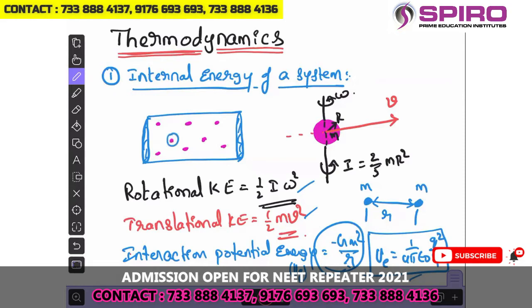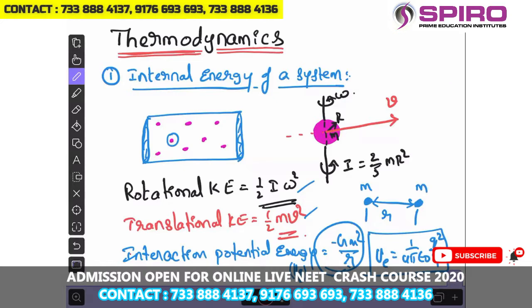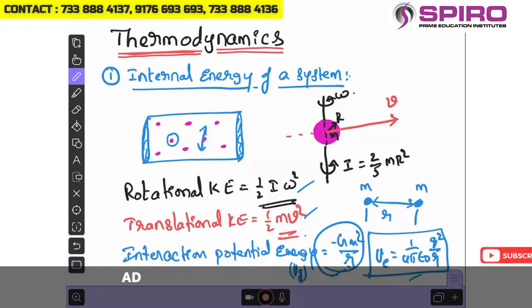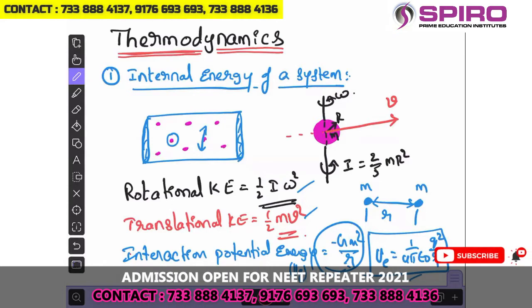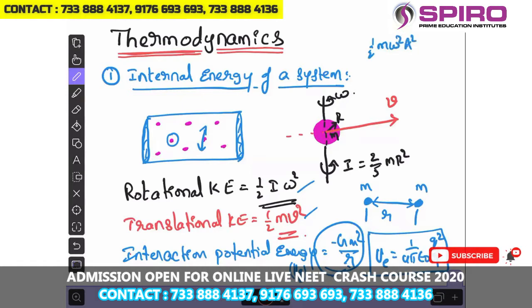Okay, and along with all these, the particle is under vibration. By virtue of this vibration, it possesses vibrational kinetic energy and vibrational potential energy also. The vibrational energy is given by omega square a square, where A is the amplitude of oscillation.